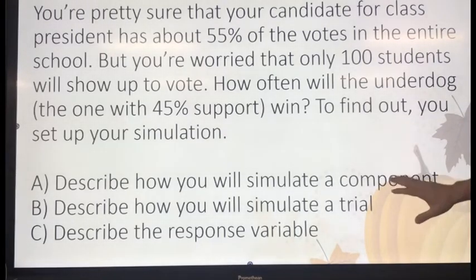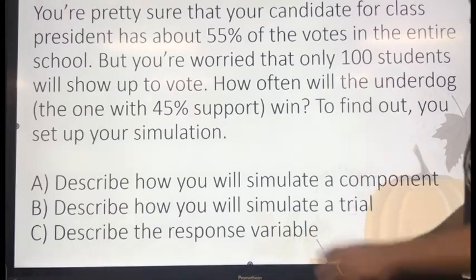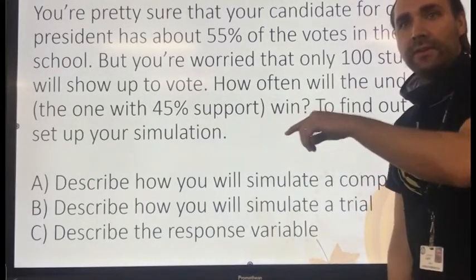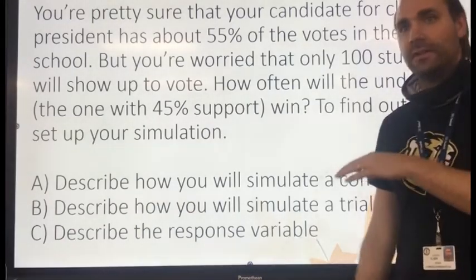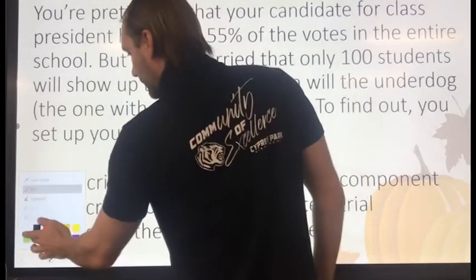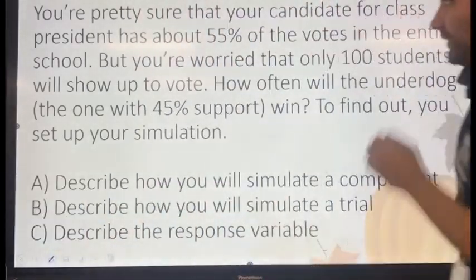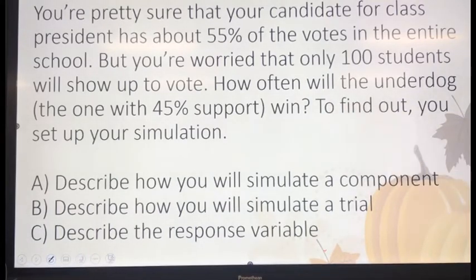So how would you describe how you would come up with the components here? Remember the 0 to 1 represents 0 eggs, 1 to 2 represents 1 egg. How are we going to set this up? Tell me, how would you run this in regards to a number generator?